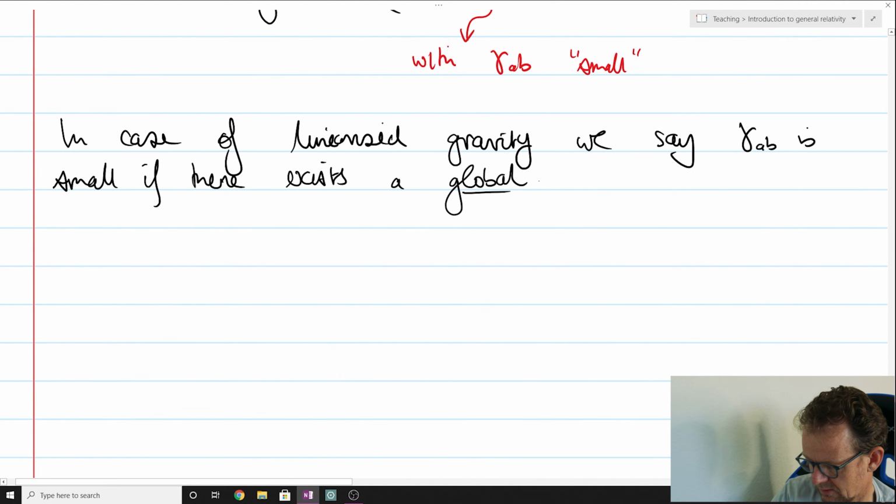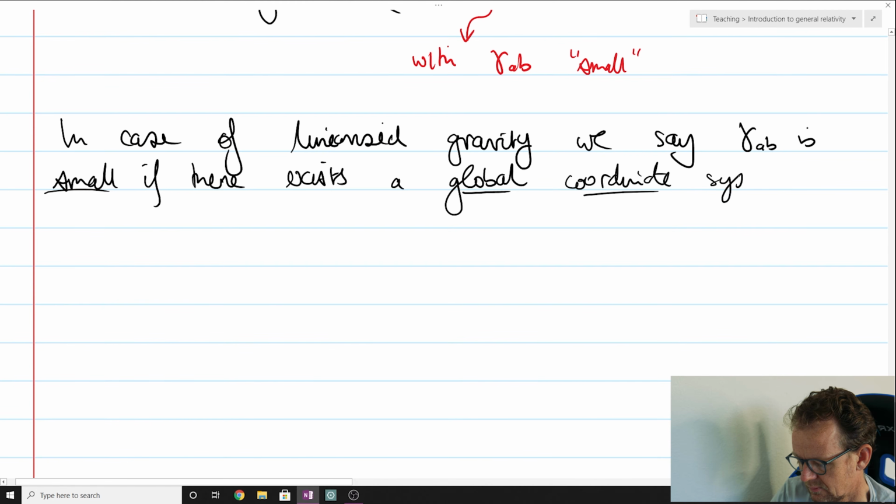So here now we'll be a bit more specific about what we mean by smallness. We say that gamma AB is small if there exists a global coordinate system, and I should probably say inertial coordinate system.